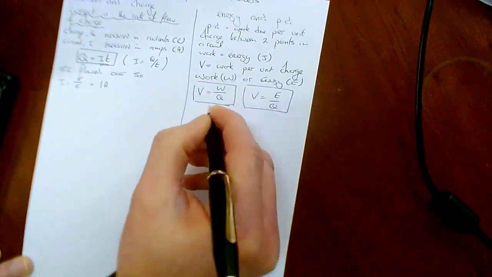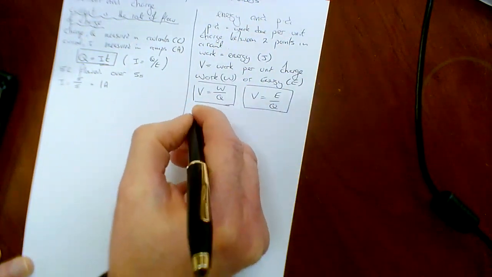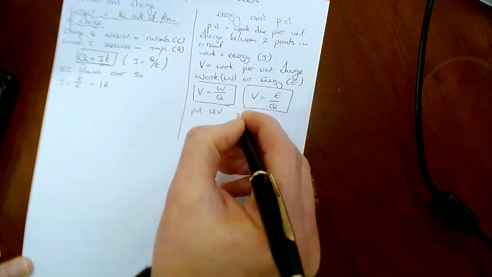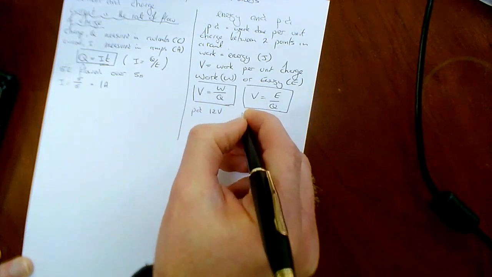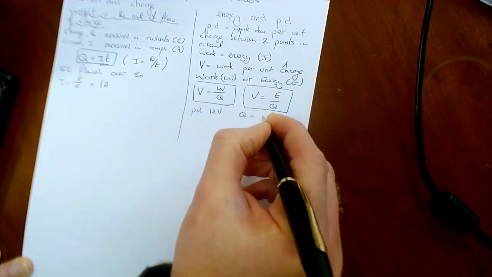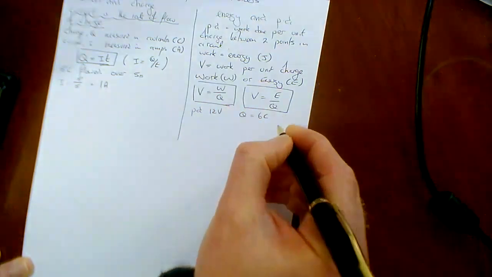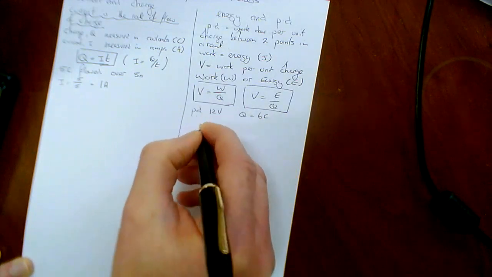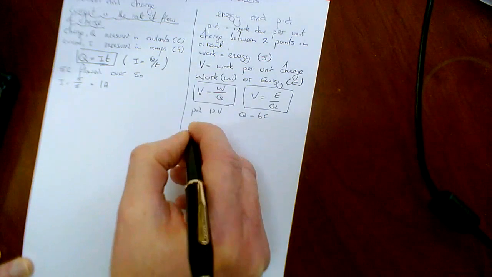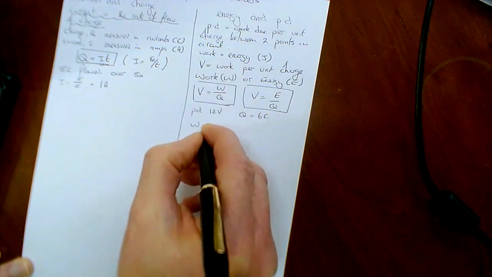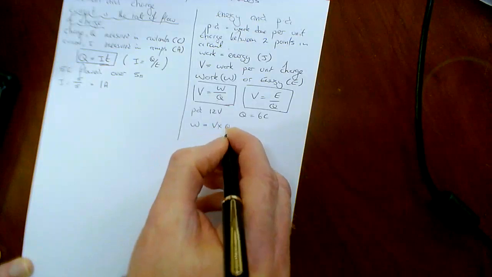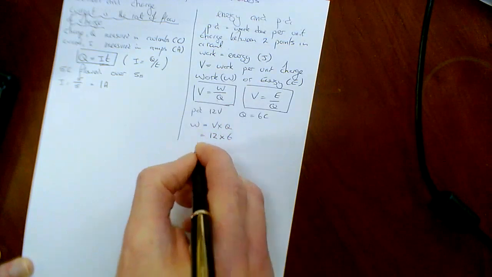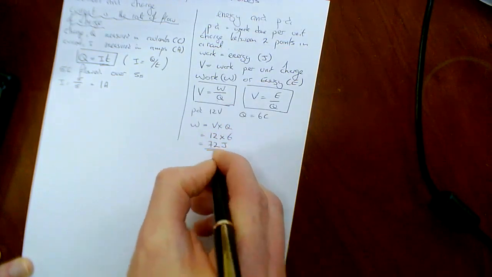So if, for example, you had a PD of, let's say, 12 volts, and you had 6 coulombs that were moved through that 12 volts, then the work done, which is from this equation V times Q, 12 joules per coulomb times 6 coulombs, 72 joules.